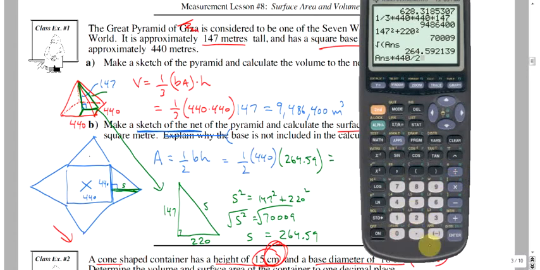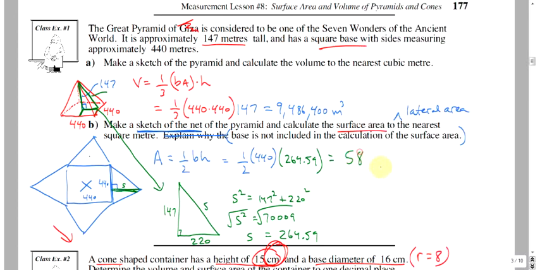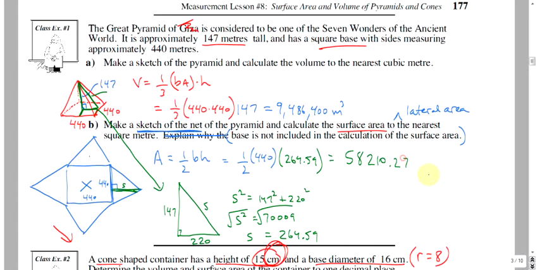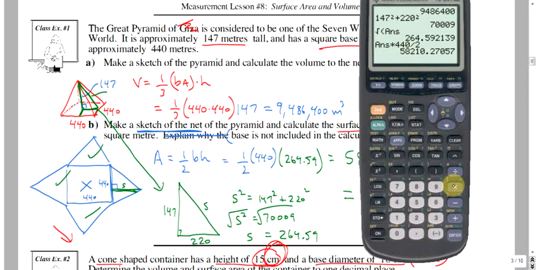You want to multiply by 0.5, that's the same thing. Okay? That's the area of one triangle. How many do I have? I need to multiply that number by 4 to get all 4 surfaces. So don't clear your calculator.